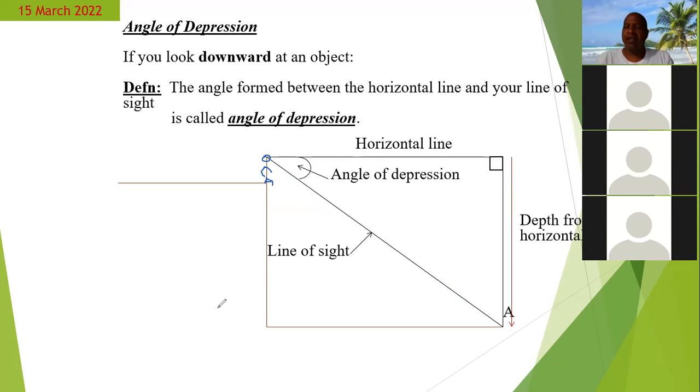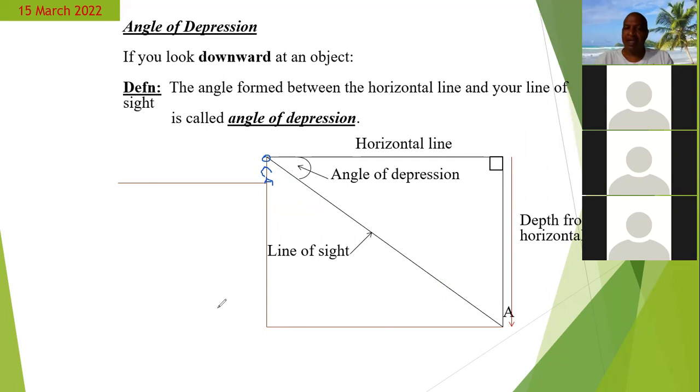Our line of sight would be an imaginary line, and because it's an imaginary line, it would be difficult for us to actually measure it. And if you notice, in both cases, the angle of elevation and angle of depression, your line of sight would actually form the hypotenuse of the right angle triangle.